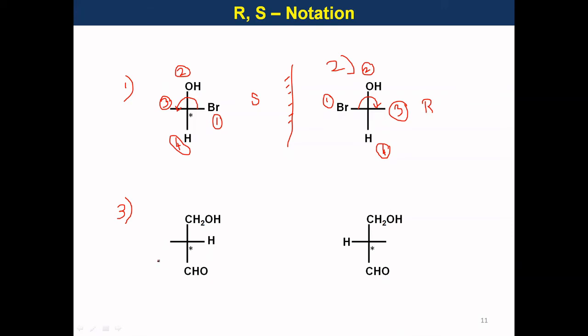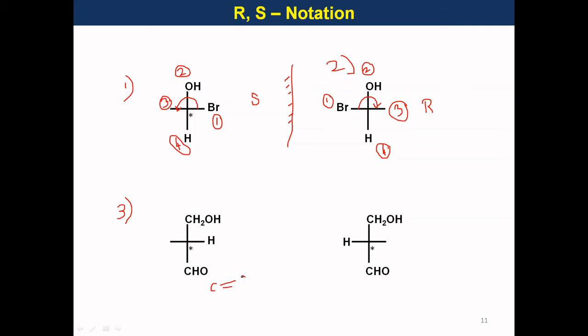So we have to check the next atom attached to the carbon. Here carbon is attached to 2 more hydrogens and 1 OH. Here it is 1 hydrogen and the other one is double bond O. In the other case it is CH3, where carbon is attached to hydrogens, so we don't have to worry. We have to worry about CH2OH and CHO.